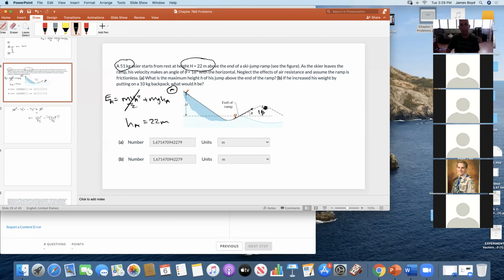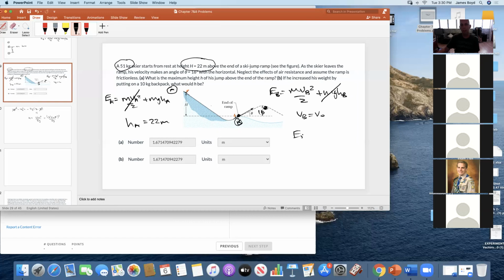When he gets to the bottom, what is his energy at B? Well, all you write is mVB squared over 2 plus mgHB. We're going to assume that this is 0, because that's already where they measured H from anyway. That goes away. We're going to assume that VB is V naught.